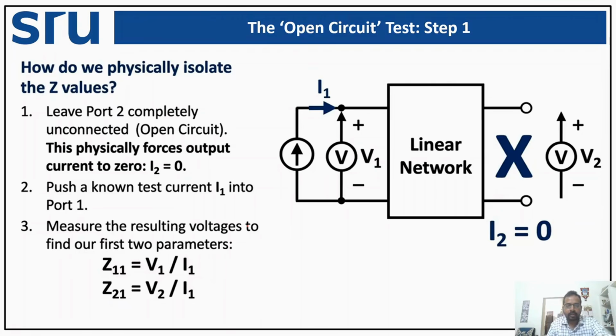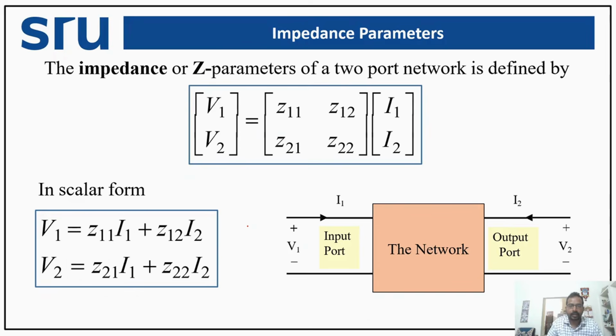So we have seen in the previous slide that we have written the two equations, that is V1 is equal to Z11 I1 plus Z12 I2, and V2 is equal to Z21 I1 plus Z22 I2. So our objective here is to identify these parameters Z11, Z12, Z21 and Z22. So how do we find Z11?